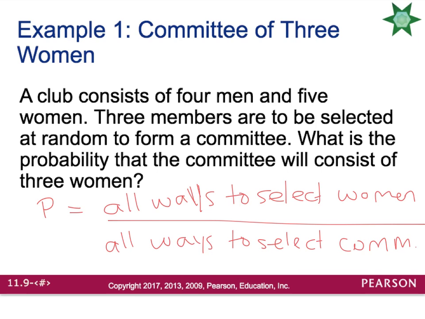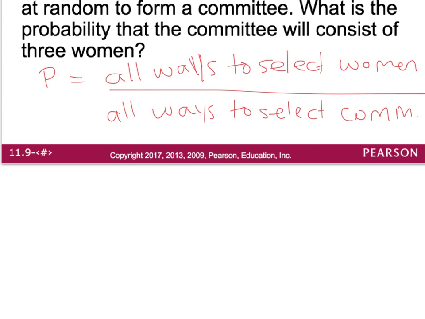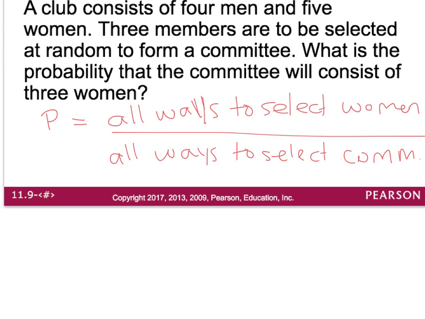We know in this situation that we have 4 men and 5 women. So if I want to find all the ways to select the committee, then in the denominator, I'm going to have to take 9 combination 3, because I have 9 people, but I'm only going to select 3 of the 9, and that's all the ways the committee can be selected.